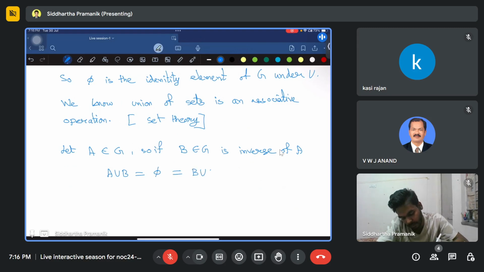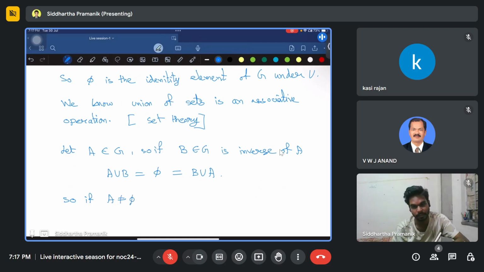And this is the same as B union A. If A is non-empty, then this union cannot be the empty set, because A is a subset of A union B, so A union B is also non-empty. So the element A cannot have an inverse.